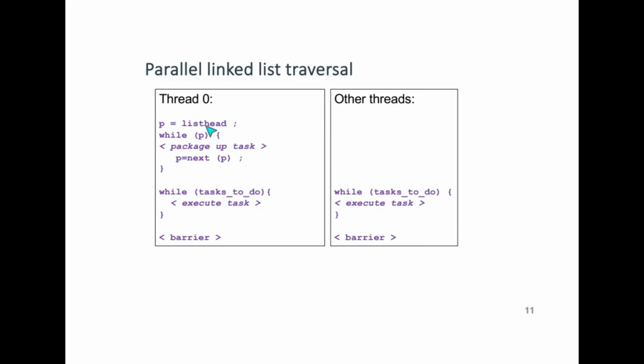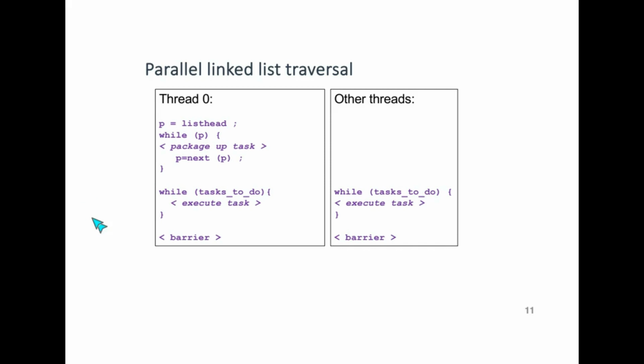And then thread 0, if these tasks take a long time compared with traversing the list, then there's nothing to prevent the master thread also joining in. Okay, so the master thread finishes generating the tasks. It can also then start executing some as well.